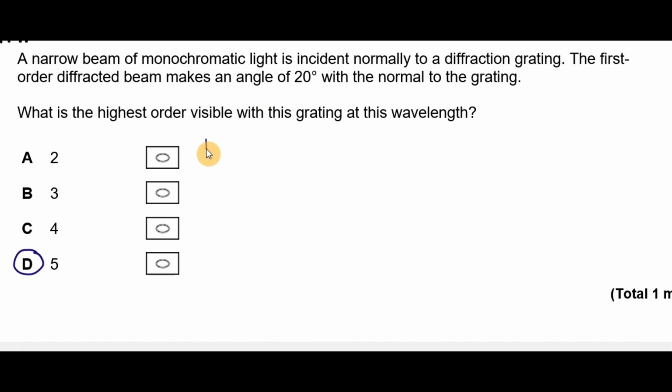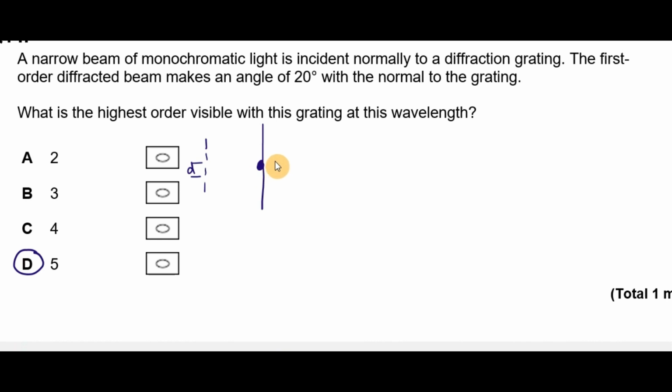So we've got a diffraction grating. The separation of those slits is given by d, and that will project onto a screen. We will see various maxima.